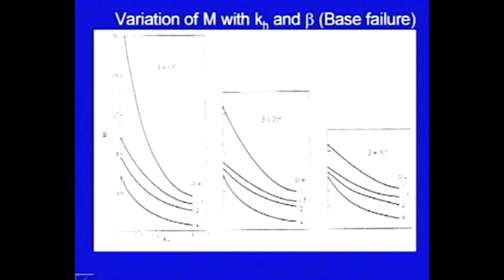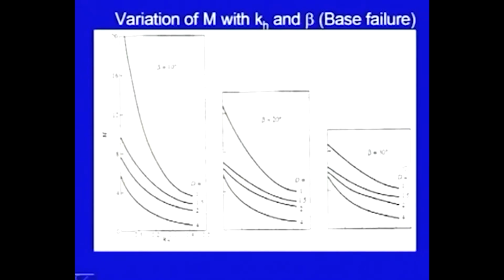Similarly here, the values are not written on the y axis and x axis, they are the same, Kh here, m here, and this particular value is 4, this is 8, and this is 12.